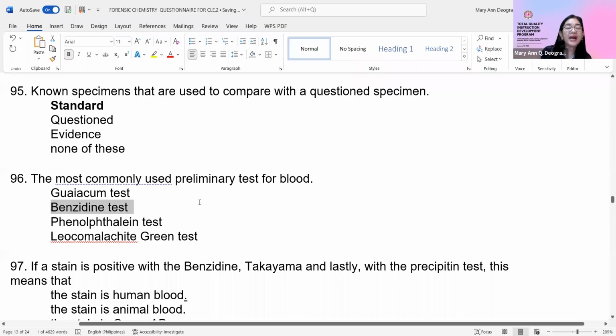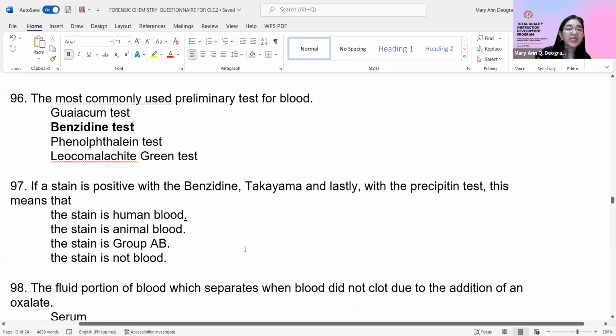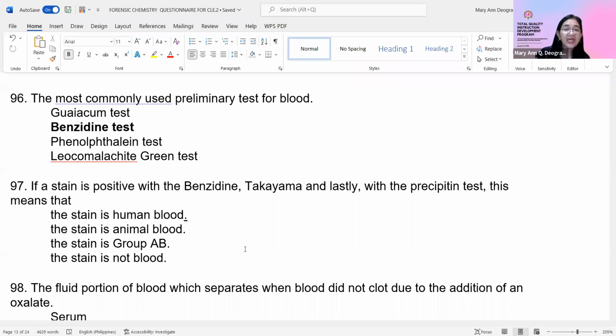If a stain is positive with benzidine, Takayama, and lastly with the precipitin, this means that A, the stain is human blood, B, the stain is animal blood, C, the stain is group AB, D, the stain is not blood. Ano sagot? Okay, letter A. Alright, so nag-positive na siya sa benzidine, Takayama, and precipitin.